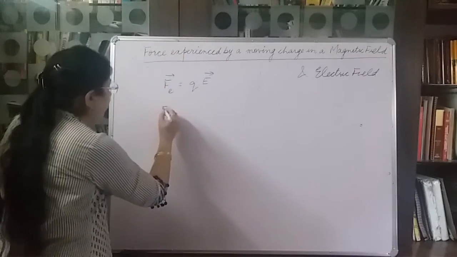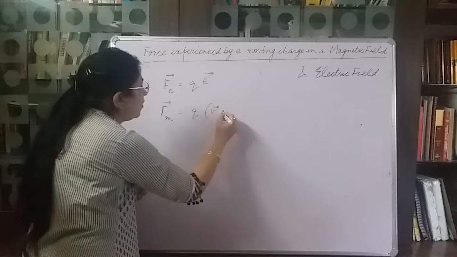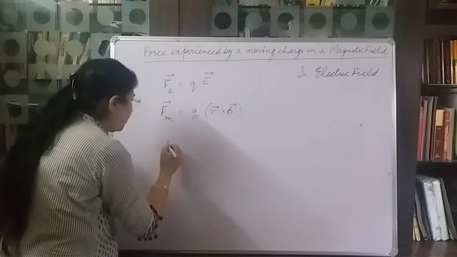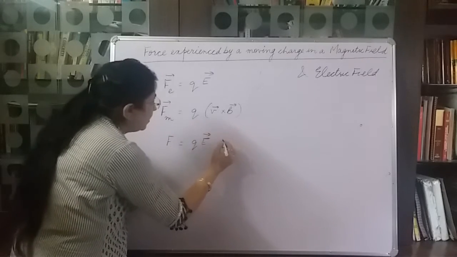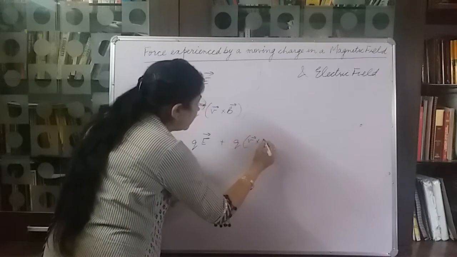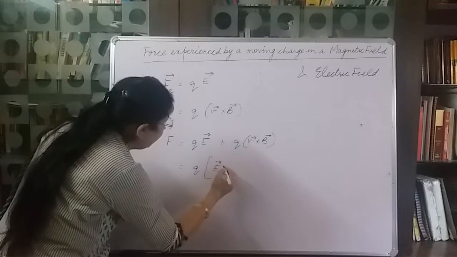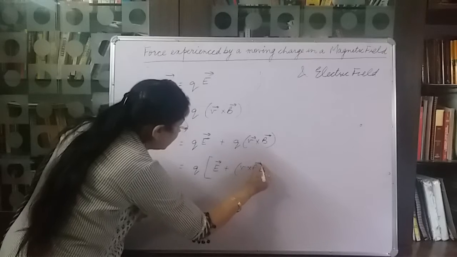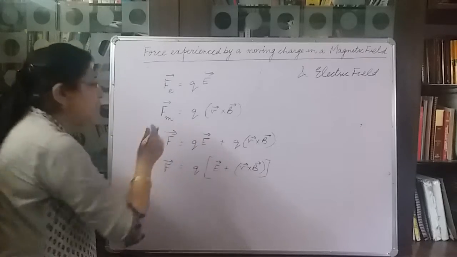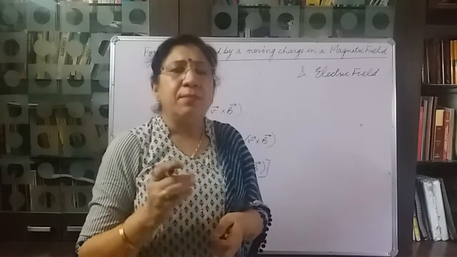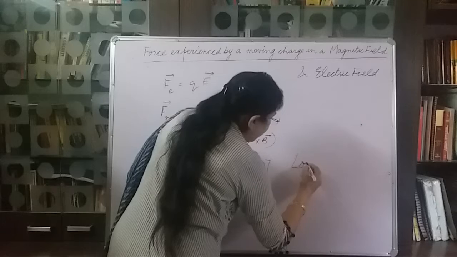Due to the magnetic field, the force experienced will be Q V cross B. So the net force will be QE plus Q V cross B, that is Q times E plus V cross B. This is the total force experienced by the charged particle in a combined magnetic and electric field. This force is called the Lorentz force.